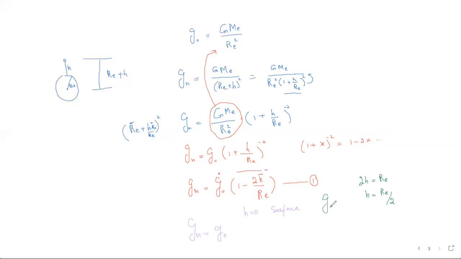In that case, our gh will be equal to 0, isn't it?